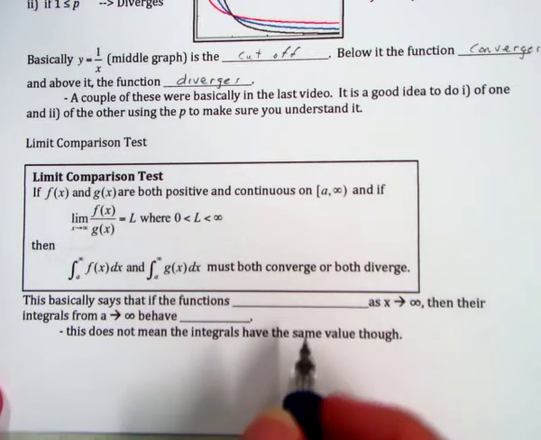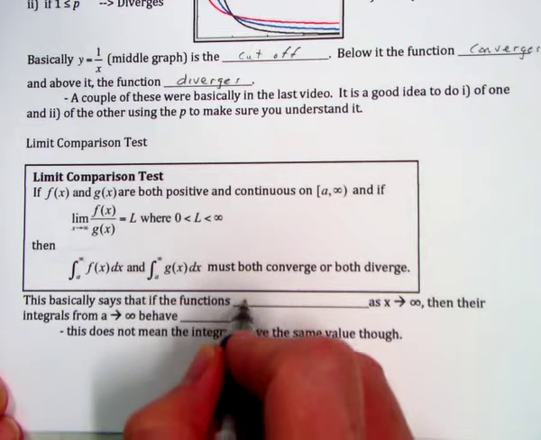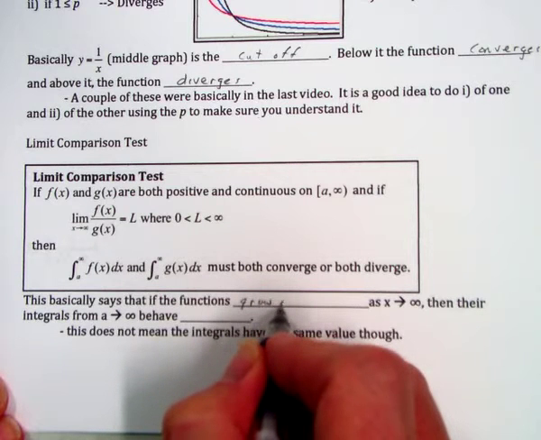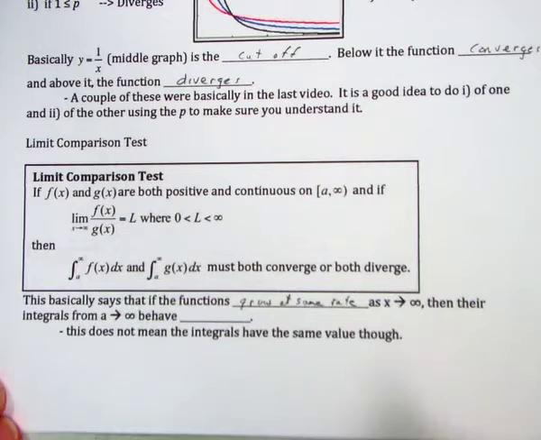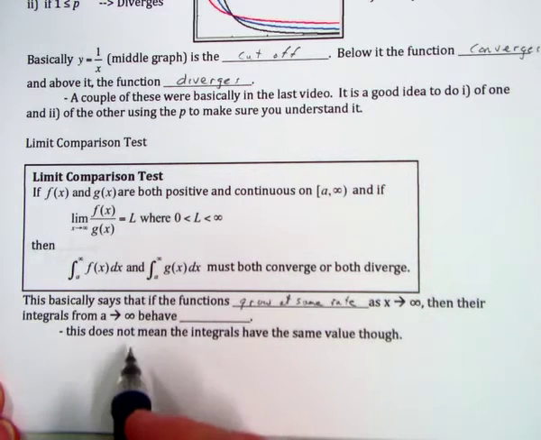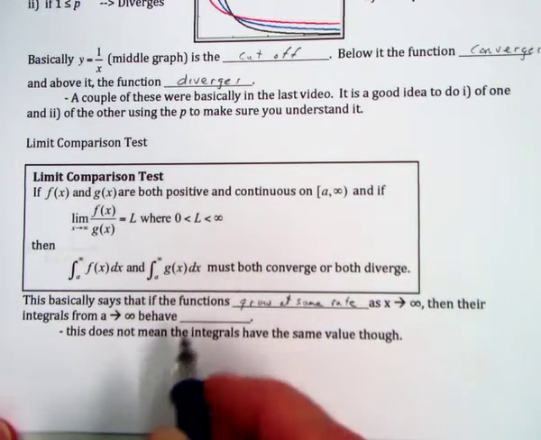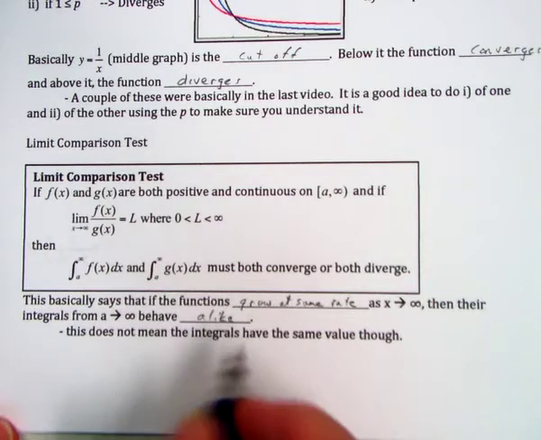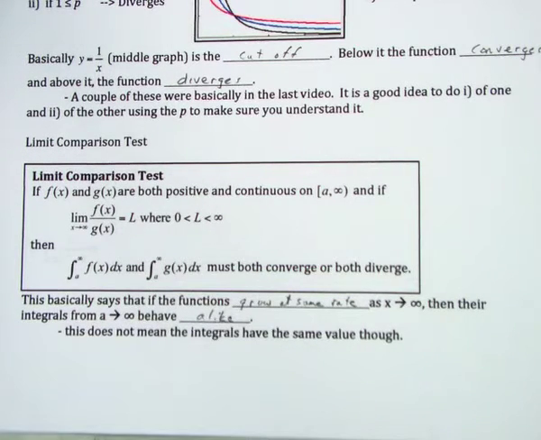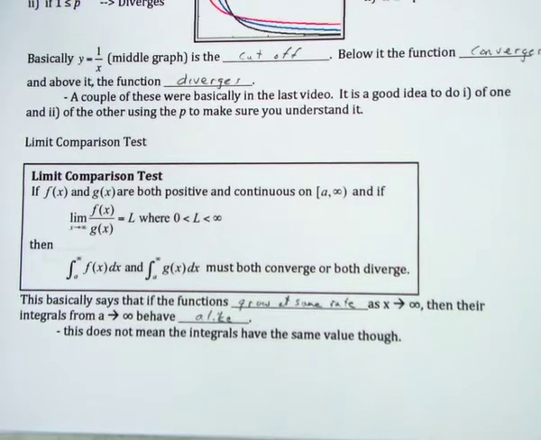So it's basically saying that if the functions grow at the same rate, and this is what we did in a previous section, then their integrals from a to infinity behave alike. That doesn't say the integrals will have the same value, but if one converges, the other will converge. If one diverges, the other will diverge.